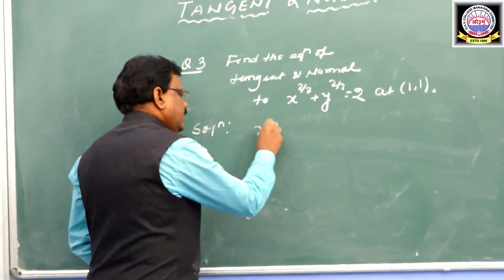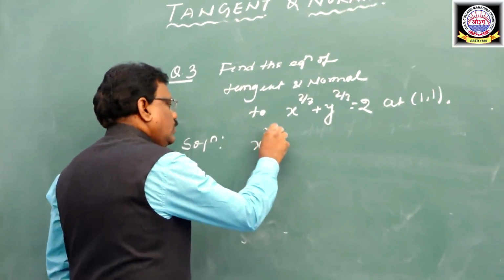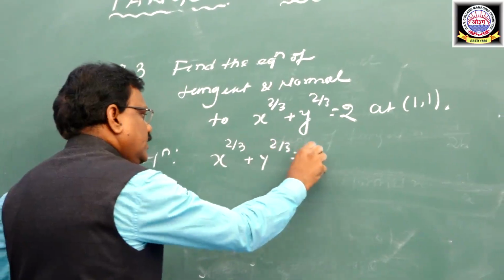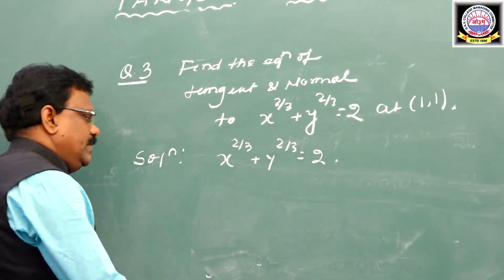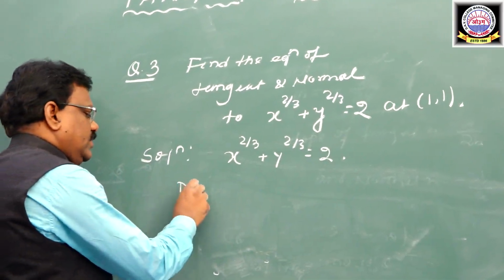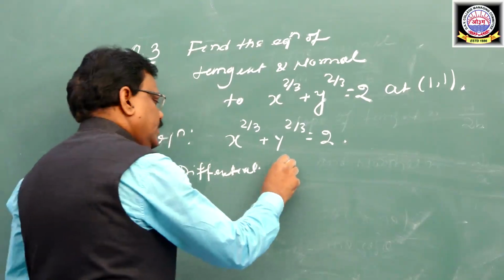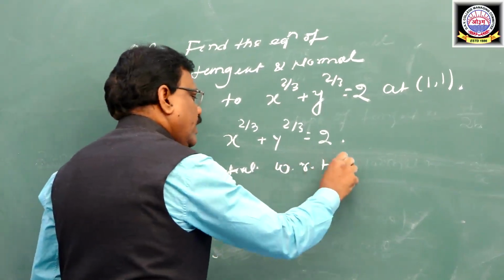So the curve is given x to the power 2/3 plus y to the power 2/3 is equal to 2. It is an implicit function. Differentiate with respect to x.